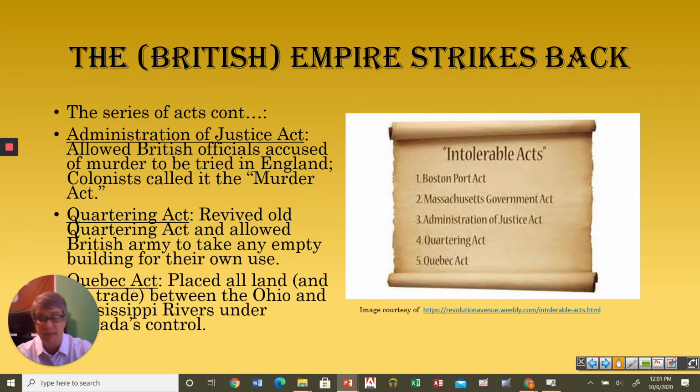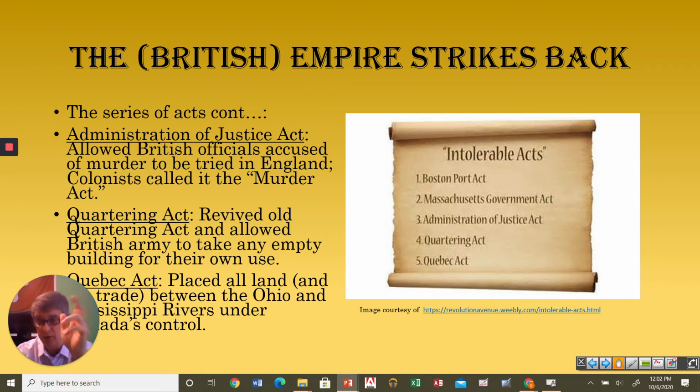Finally, the Quebec Act. This placed all land, and therefore all trade, between the Ohio and Mississippi rivers under Canada's control. All right, so remember, what did we have in 1763 that first started making the colonists mad? You had the Proclamation of 1763, which told the colonists, hey, thanks for helping us fight the French and Indian War and getting all this land from France.